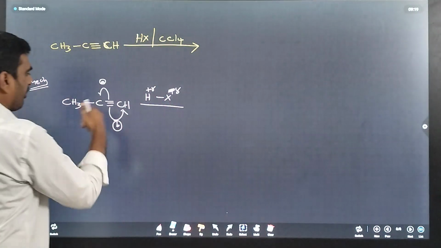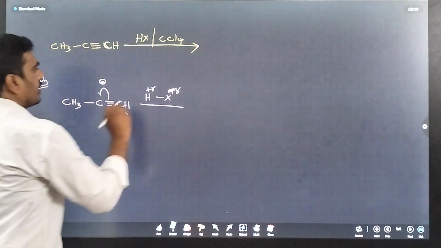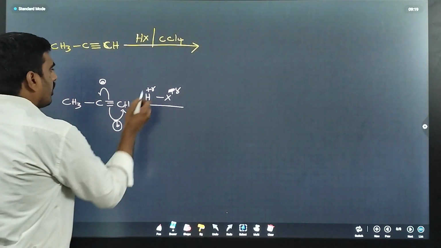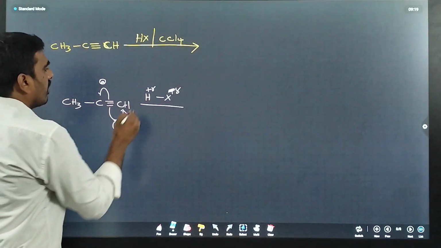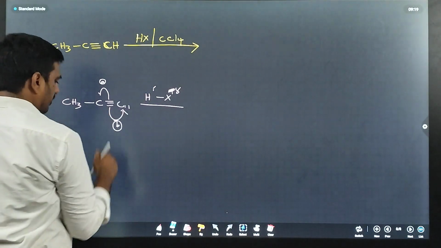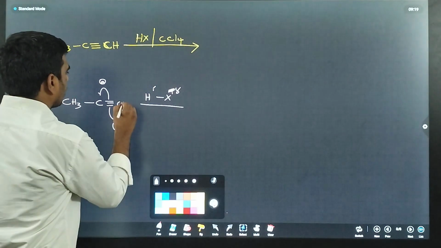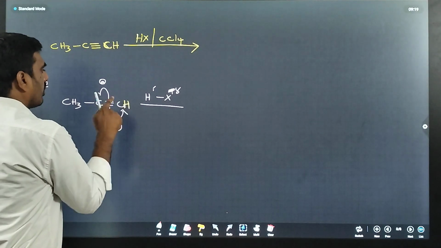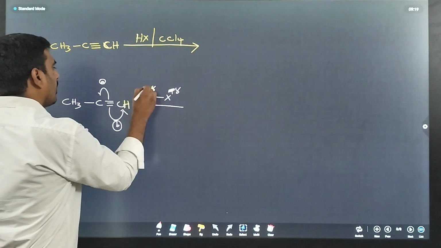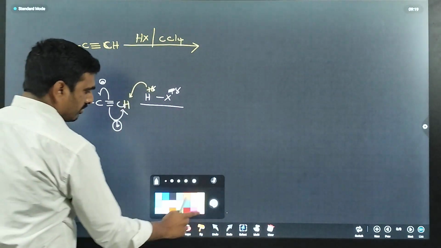Okay, the reaction mechanism refers to B. So here, H plus attacks this carbon.